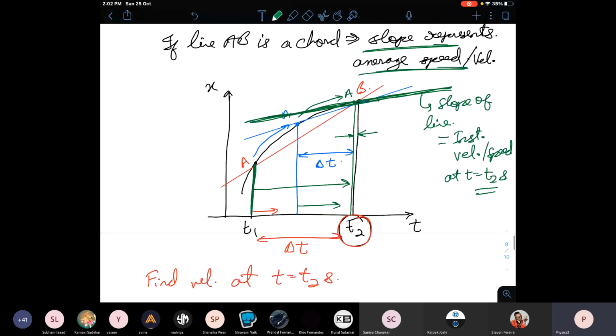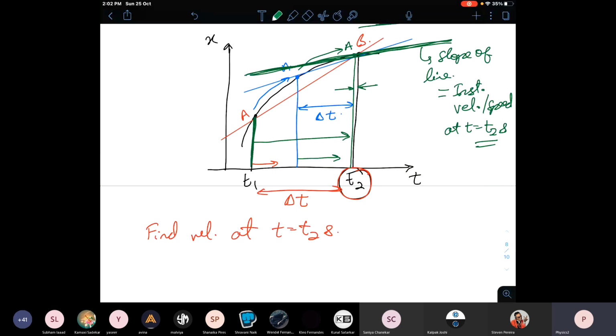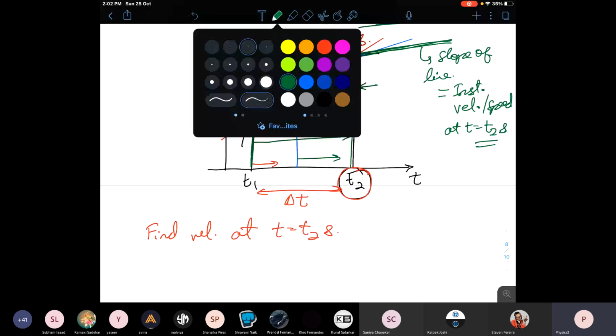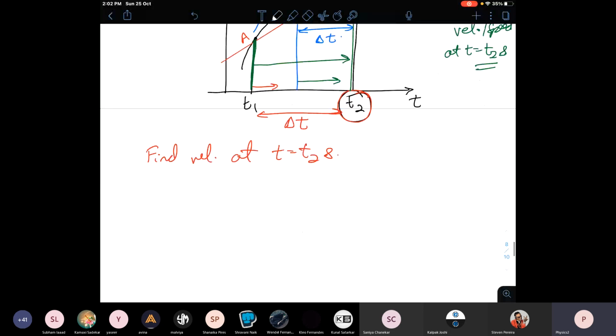That means the final conclusion you can draw from this is that suppose I have an x-t graph like this, and someone has asked me to find the instantaneous velocity at time t2 seconds. What I do is just draw a tangent at this point and calculate its slope with the x-axis.